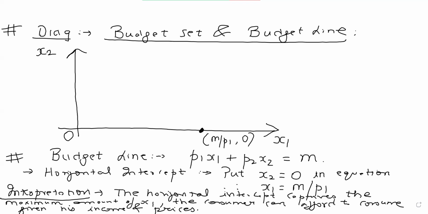The short form I use for horizontal intercept is HI. It captures the maximum amount of good 1 the consumer can afford to consume given his or her income and prices of both the goods. Now, how do we find the vertical intercept? Let me erase this part off.